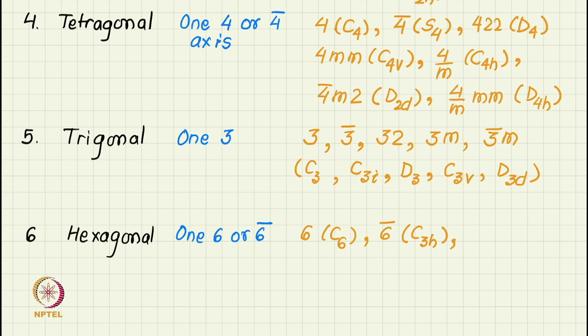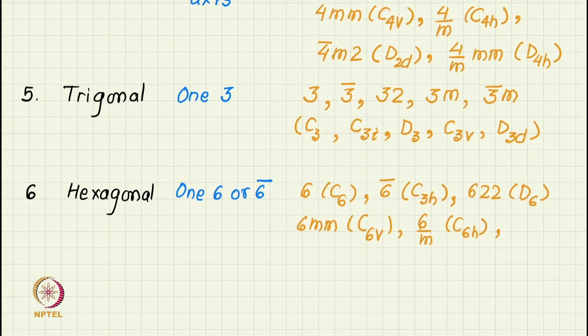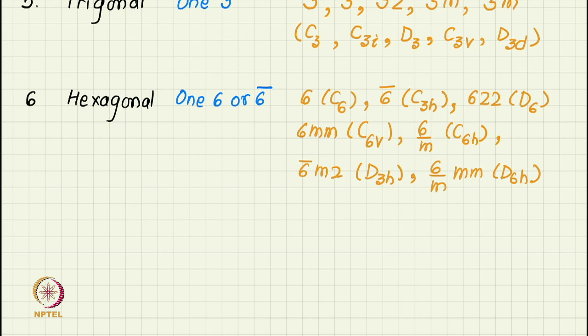So that is what is reflected in the Schoenflies designation. 622, the dihedral group D6, 6mm, C6v, 6 by m, C6h, 6 bar m2, D3h, 6 by m mm, D6h.